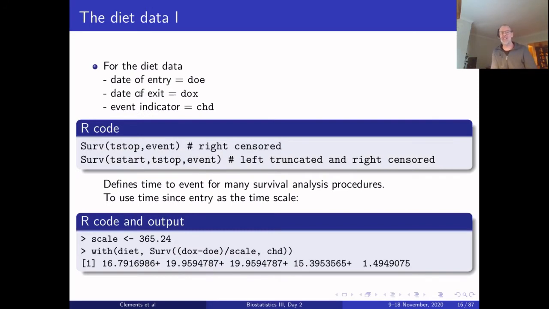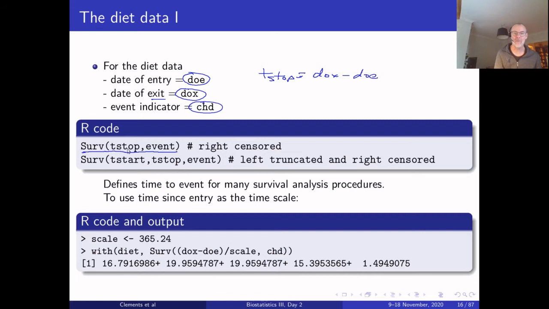Returning to the diet data, we have a variable DOE, which is the date of entry, DOX, which is the date of exit, and an event indicator CHD. In our code we can specify time as Surv, with t-stop equal to DOX minus DOE.